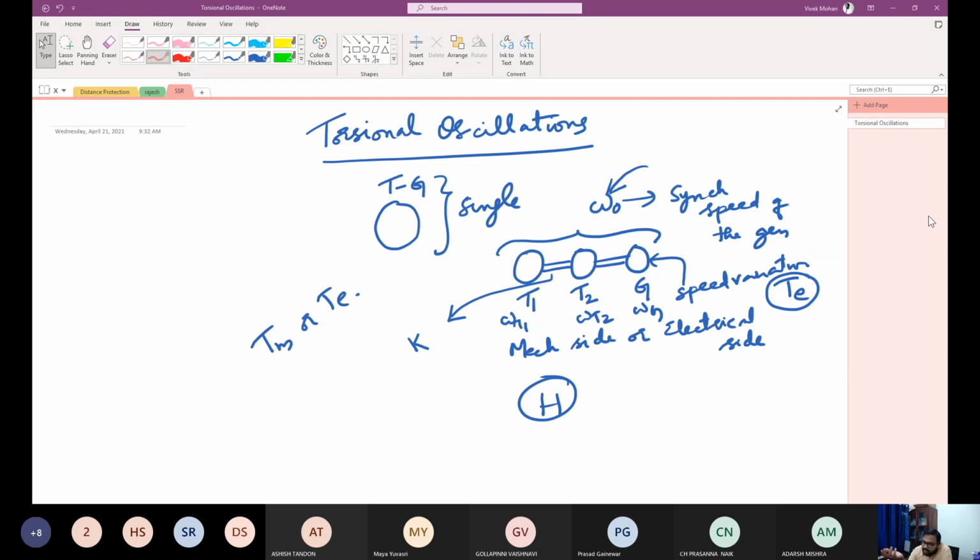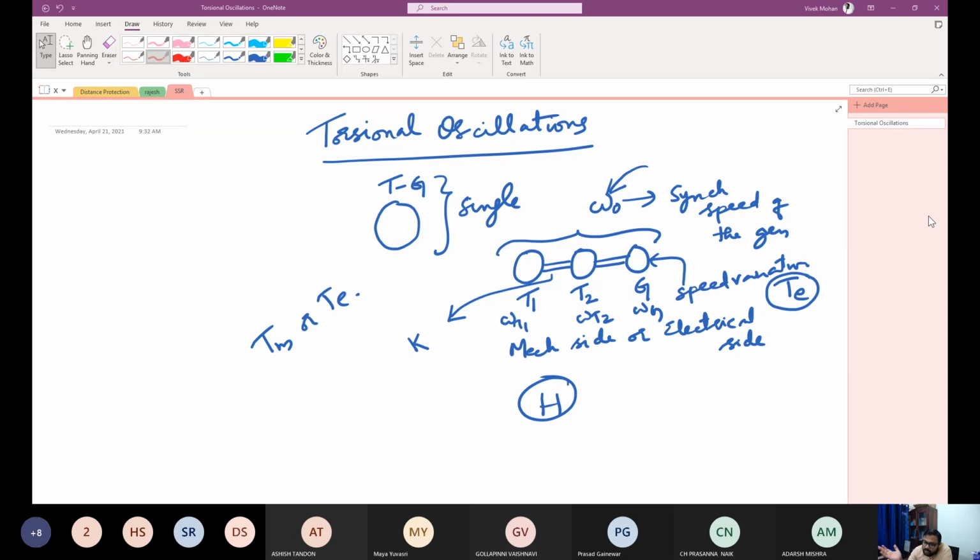If the input to the system which disturbs it, either from TM or TE, mechanical torque or electrical torque, enhances the torsional oscillations, which may cause breaking of the shaft itself because of the twisting effect, then we call it a torsionally unstable condition.